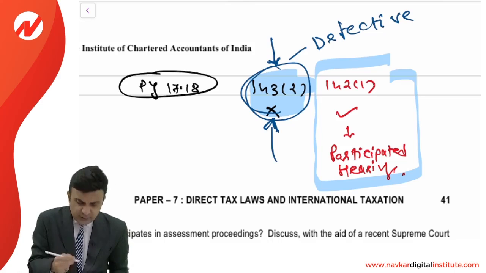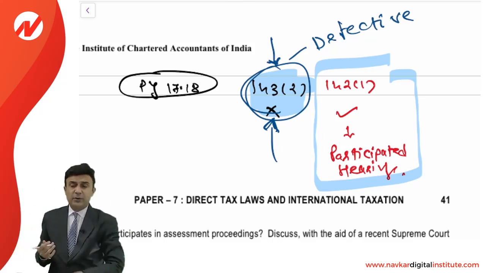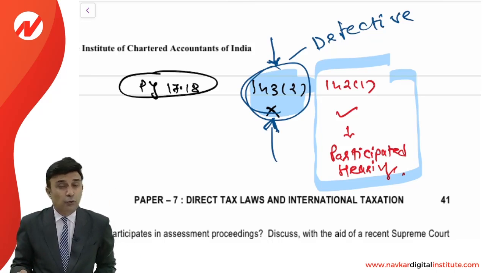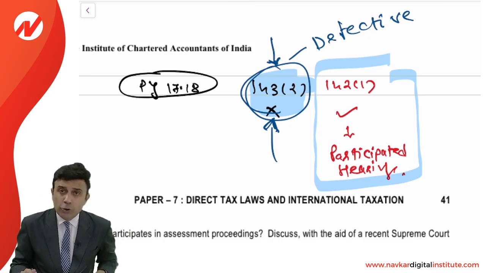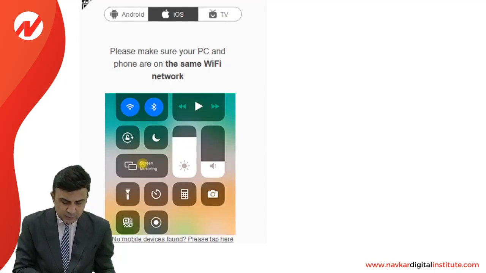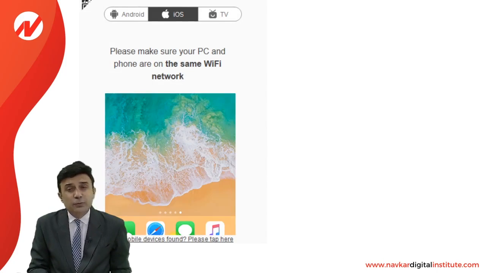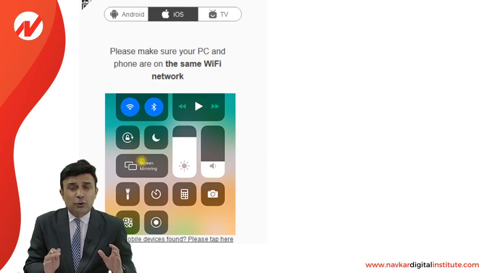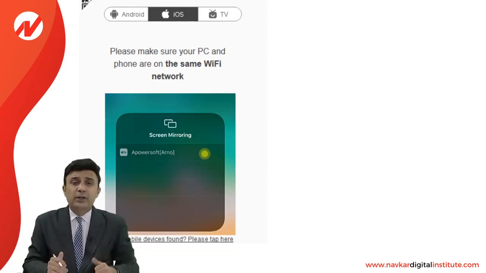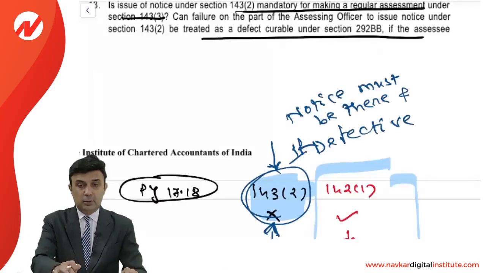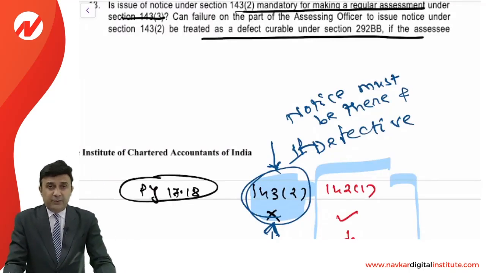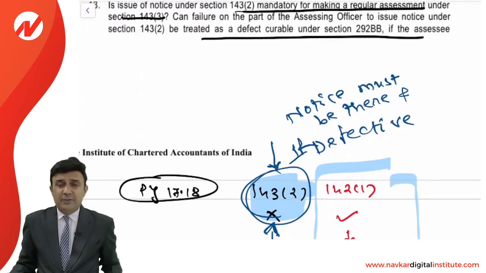And if the notice is defective, then the notice will become valid. But if no notice is issued, that is not a curable defect under 292BB. And friends, even if there is a Supreme Court judgment which talks about making an invalid notice valid, without notice, the defect won't be curable.